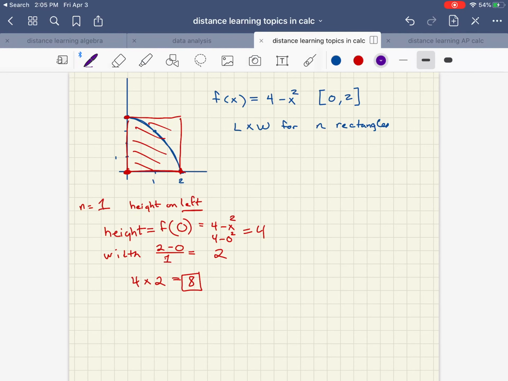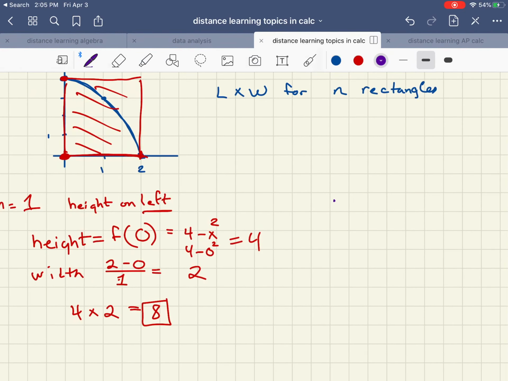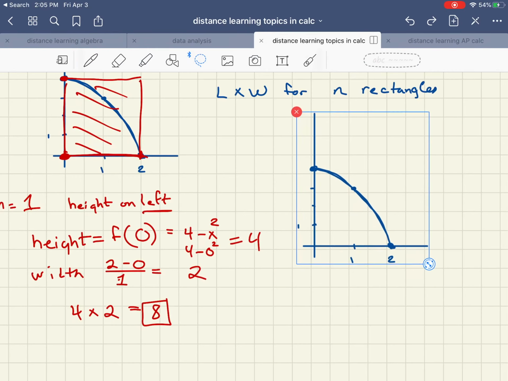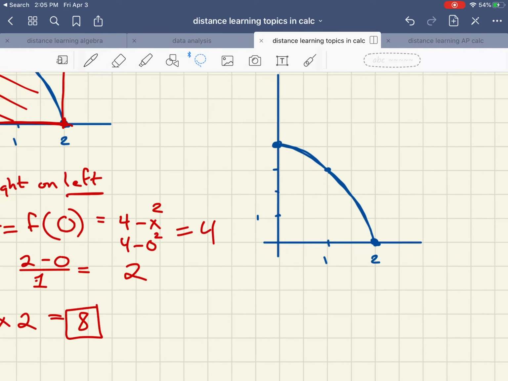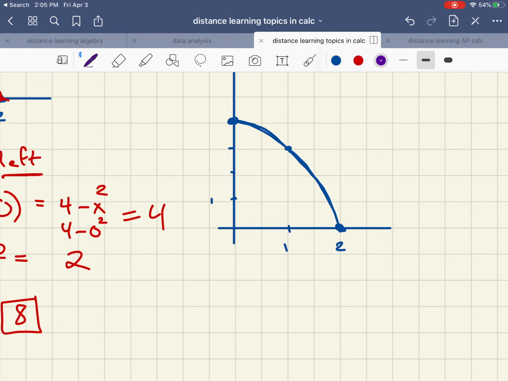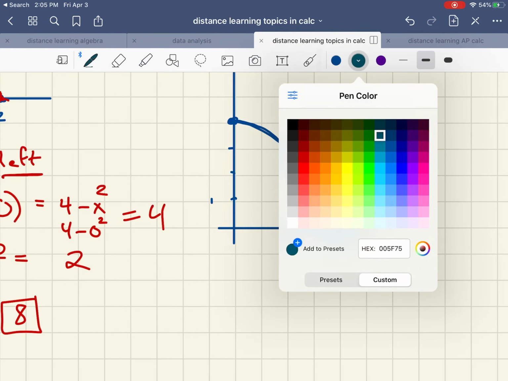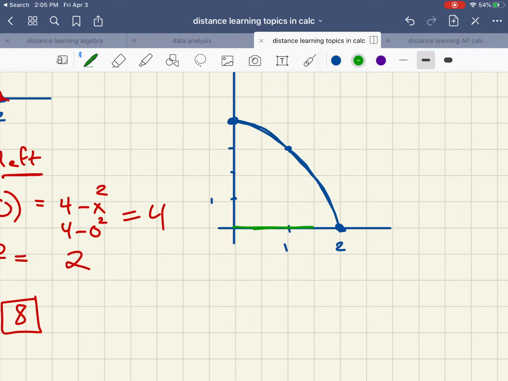It would change significantly if I used a right-hand endpoint. Let's check that out real quick. So same drawing. I need to draw a rectangle here with a width of 2, and the height at the very far right.